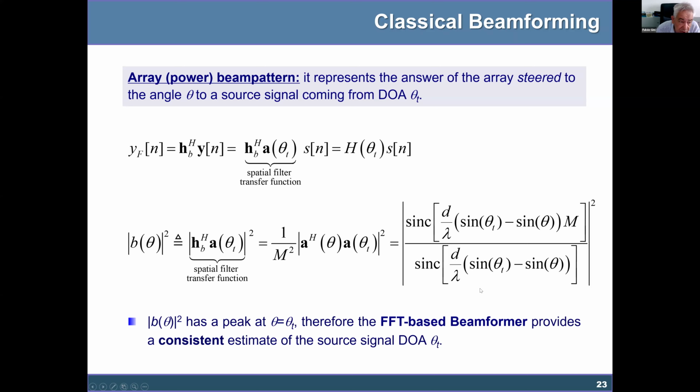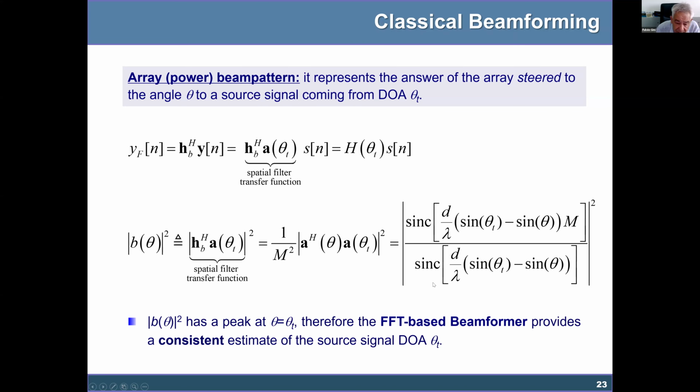Now the question is, if there is only one target, is the method consistent? The answer is yes, because how do we estimate the directional arrival? We search for the peak in the estimated spatial power spectral density.